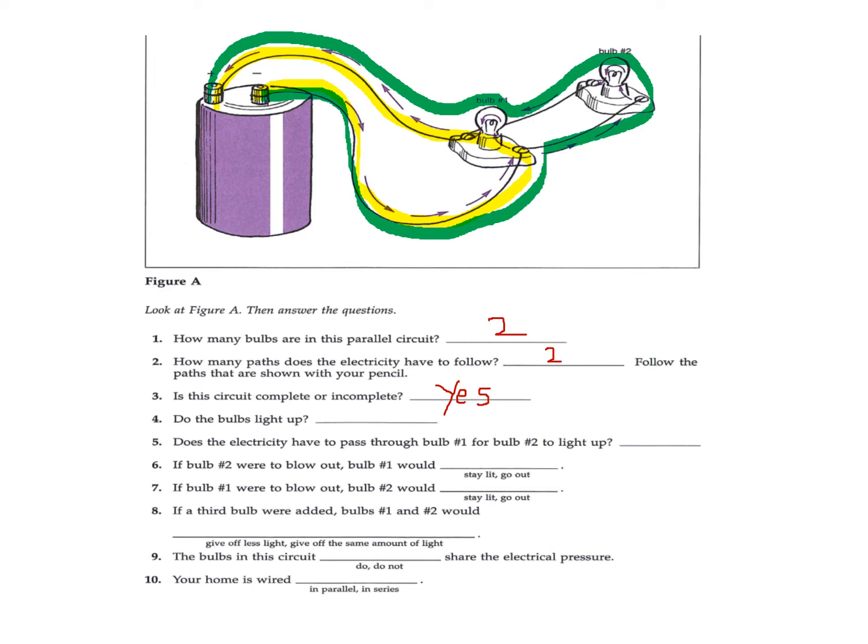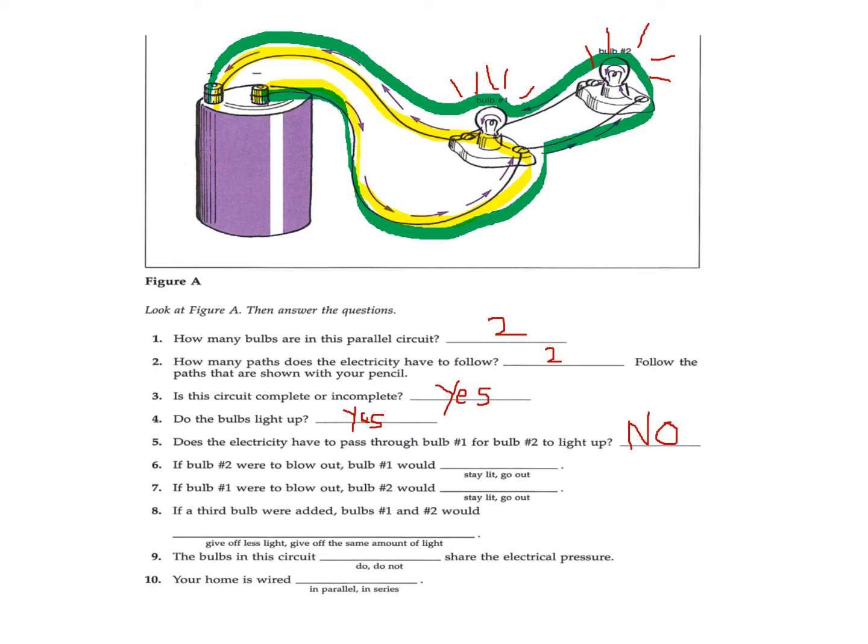Does the bulb light up? Yes, they do. They are not showing you because they don't want to give you the answer, but yes, they do light up. Does the electricity have to go through bulb number 1 for bulb number 2 to light up? No. They're 2 separate paths.